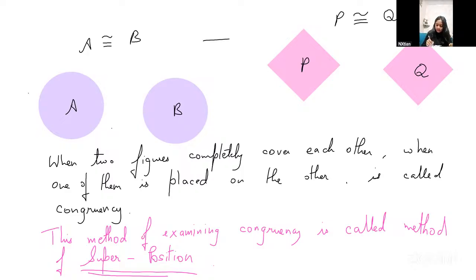You put an equals to sign and a wave. This symbol is put to show that two figures are congruent to each other. Understood? This is the congruency symbol.